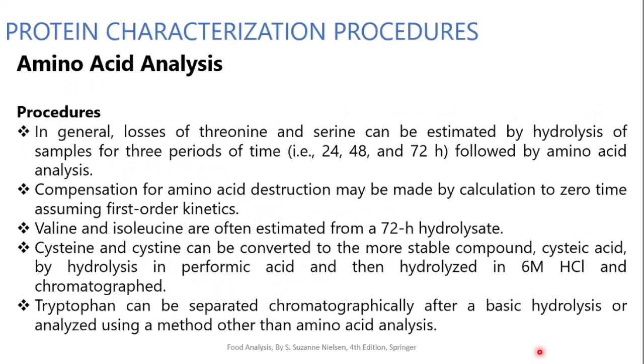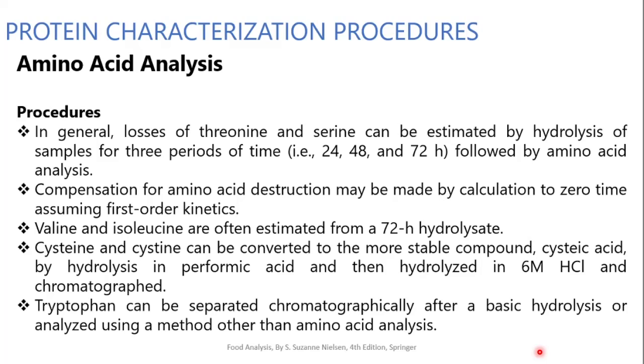In general, losses of threonine and serine can be estimated by hydrolysis of samples for three periods of time, that is 24 hours, 48 hours and 72 hours, followed by the amino acid analysis. Then compensation for the amino acid destruction may be made by extrapolation to zero time, assuming first order kinetics. Valine and isoleucine are often estimated from 72 hours hydrolysis.